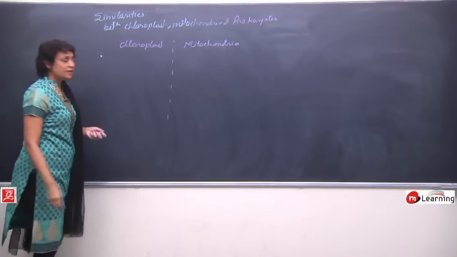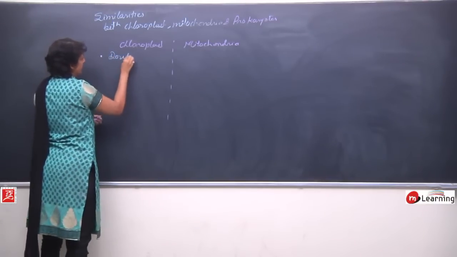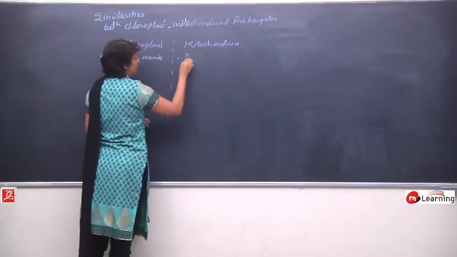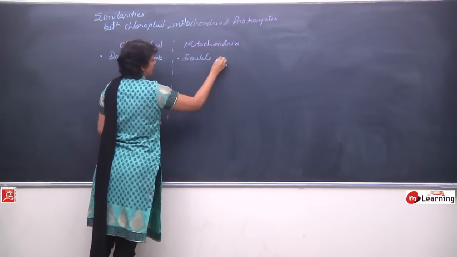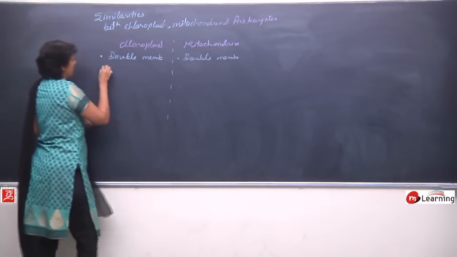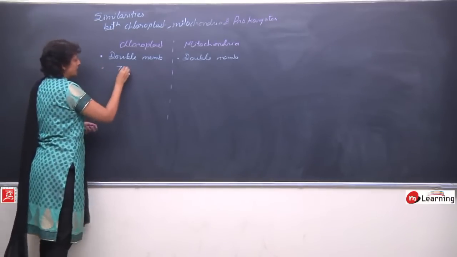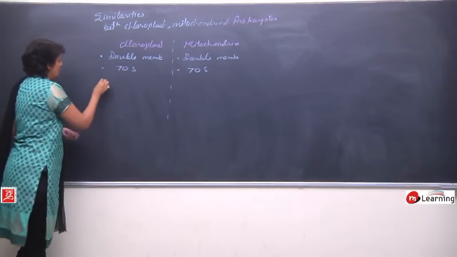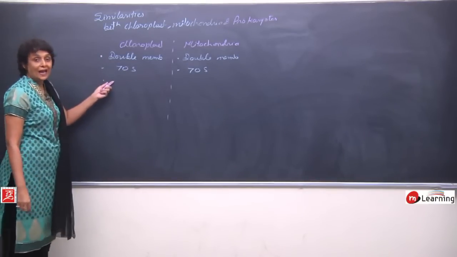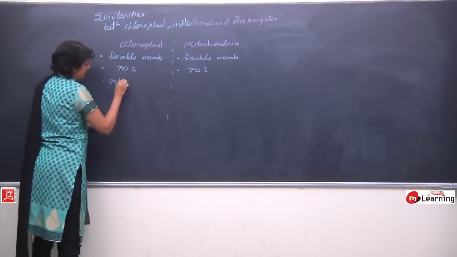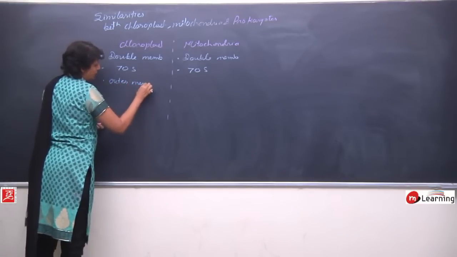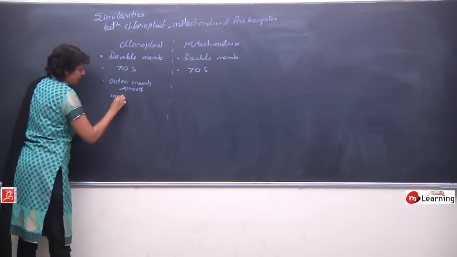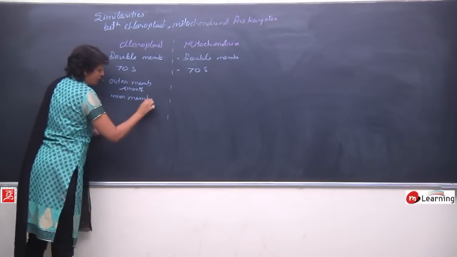Both are double membrane structures. Mitochondria is also double membrane. Ribosomes which are present are 70S, again a similar thing. Both have outer membrane smooth and inner membrane folded.